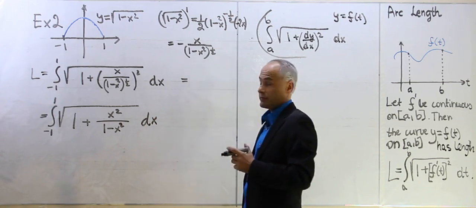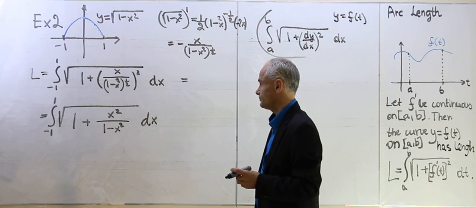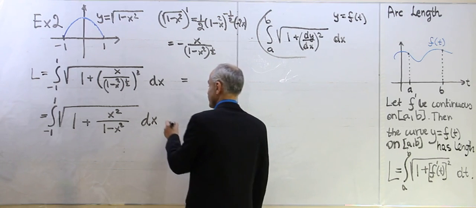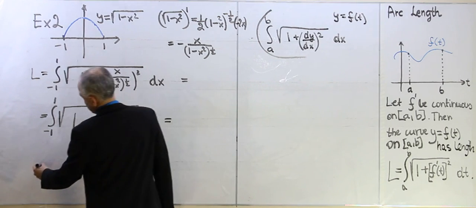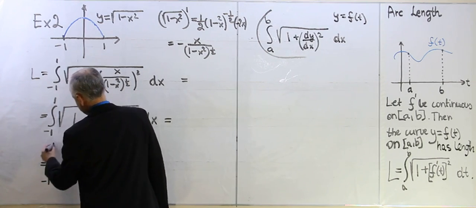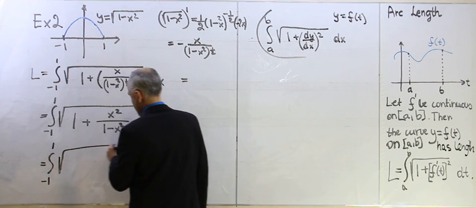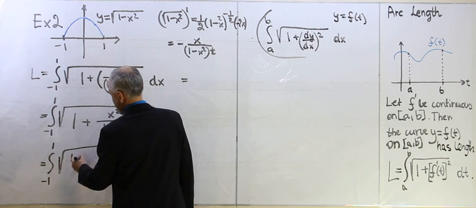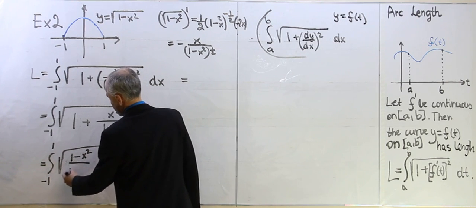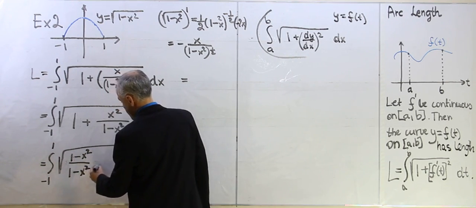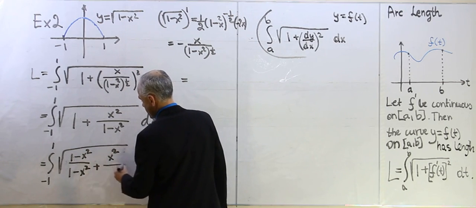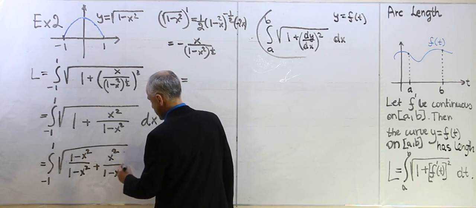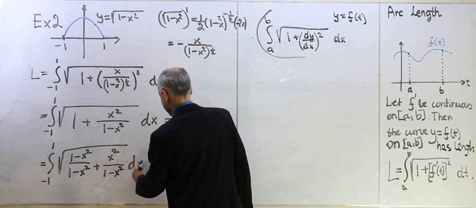Okay, now what do we do with this? Common denominator. What's the common denominator? 1 minus x squared, right? So I get 1 minus x squared divided by 1 minus x squared plus x squared over 1 minus x squared dx.